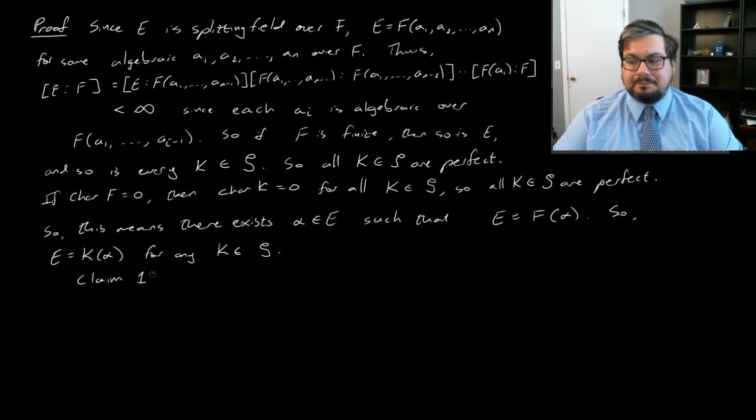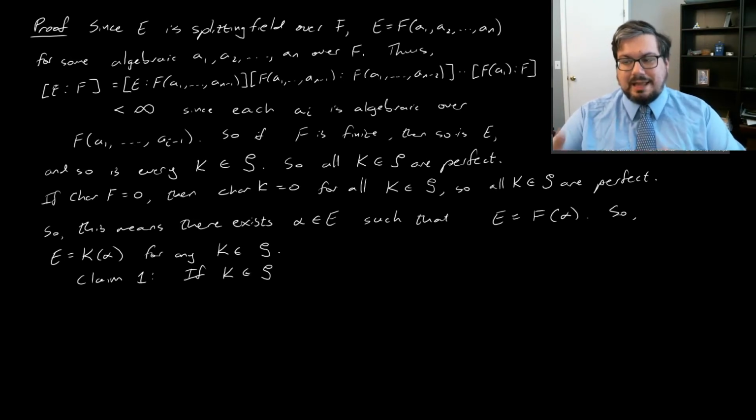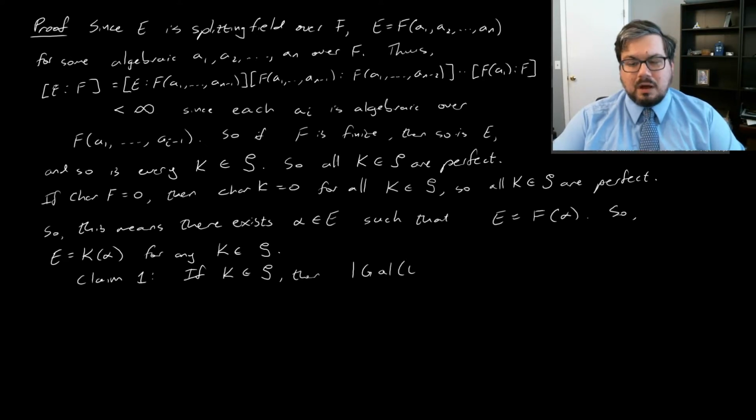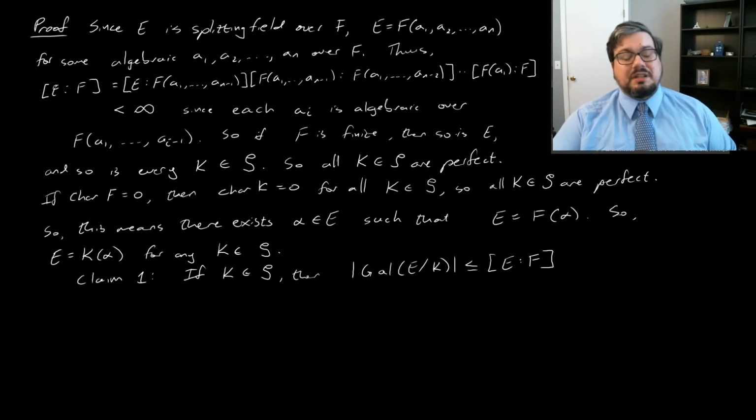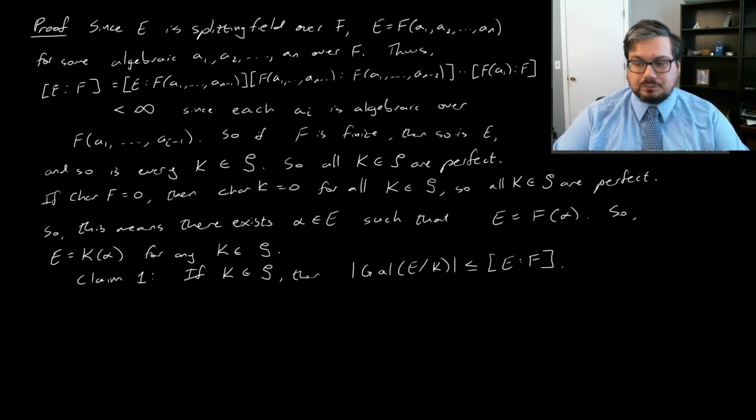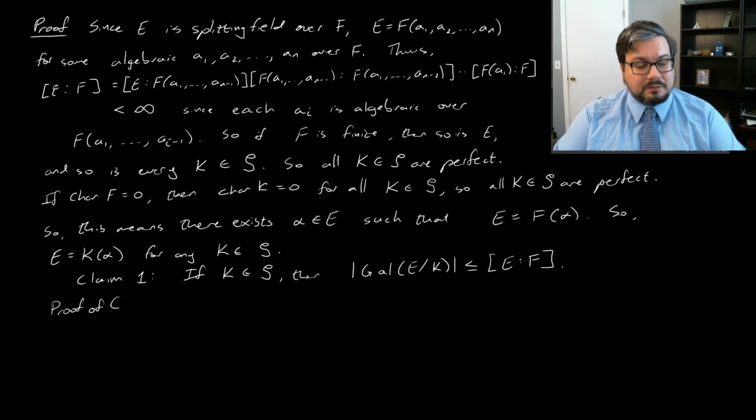So claim 1 says that if K is an element of S, a field lying between F and E, then the order of the Galois group of E over K is less than or equal to the order of the field extension E over F. Eventually, we're going to prove that these two are equal, but for the moment, we're going to prove just one inequality here. So, let's see the proof of claim 1.